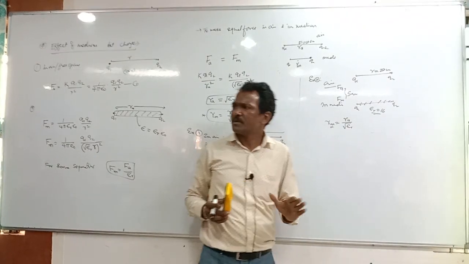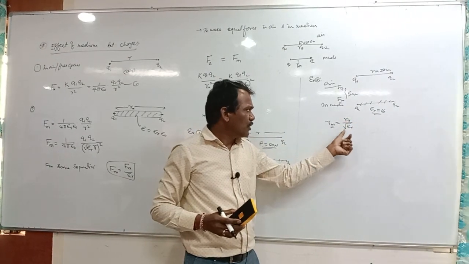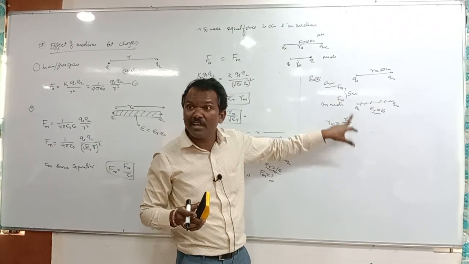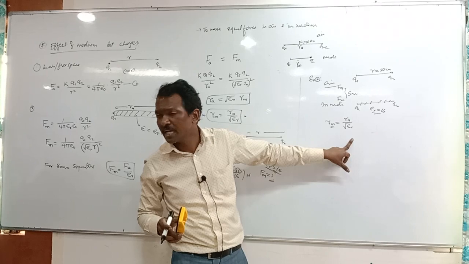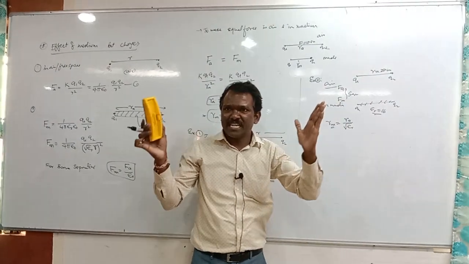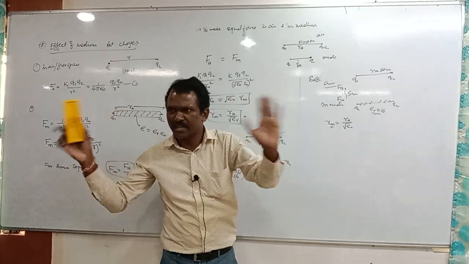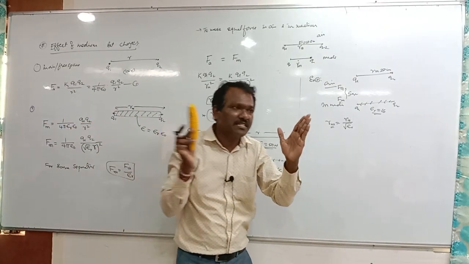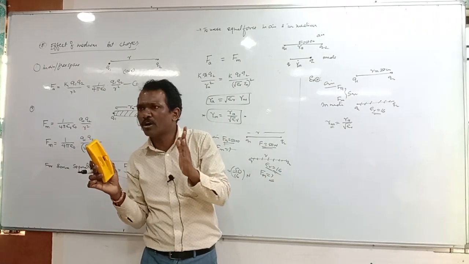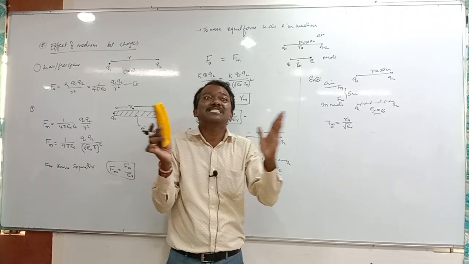Sir, sometimes there is confusion in writing r in the medium is equal to r in the air by root epsilon r. Why? Because remember here the distance in the air is greater. Distance in the medium should be small, less than the air. Why? Because in the medium force is decreasing.